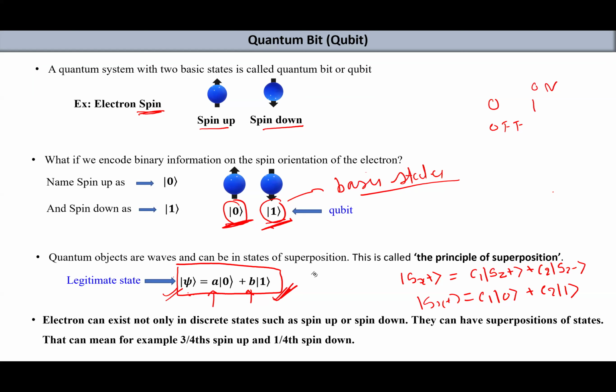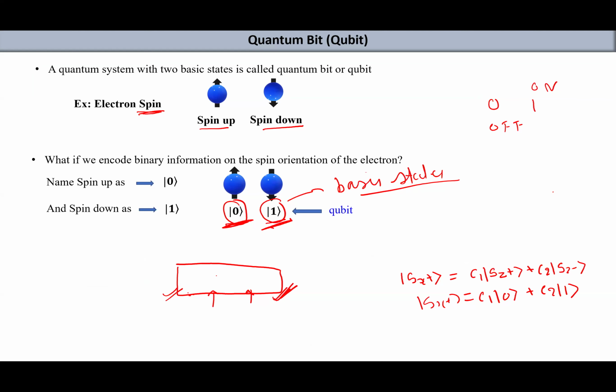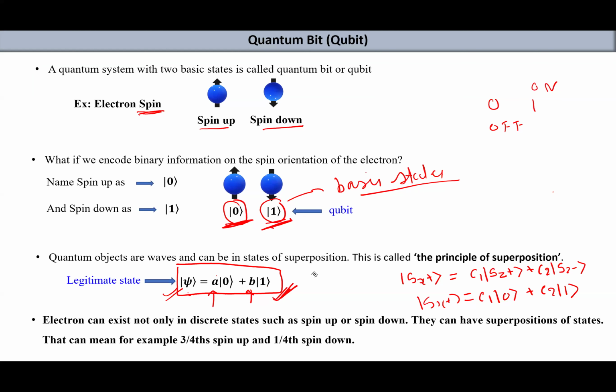I will not call it bit information, okay? There's no logic of calling it a bit here, because A and B can take infinite values. A can take any value, B can take any value. So there's no meaning of calling it a bit, but I can certainly say the psi contains information, because you are storing information in the form of A and B. So there are two pieces of information.